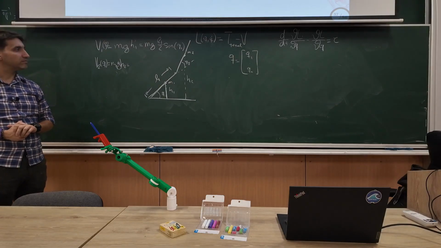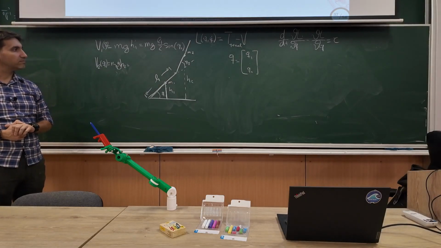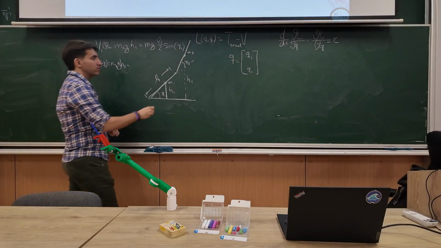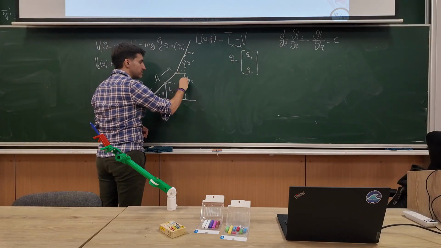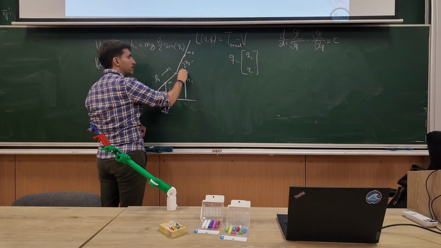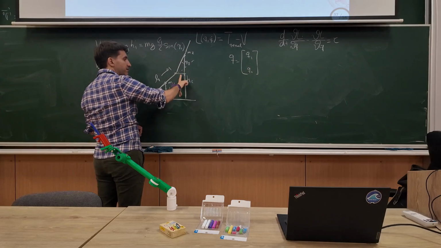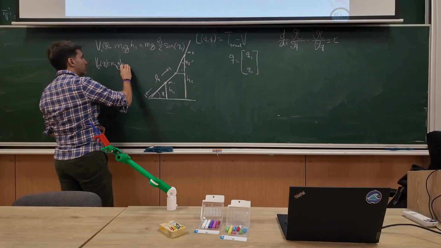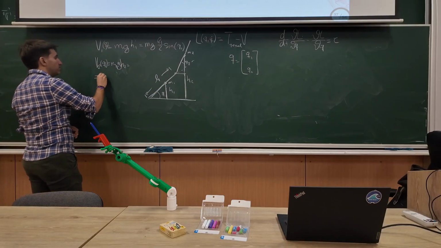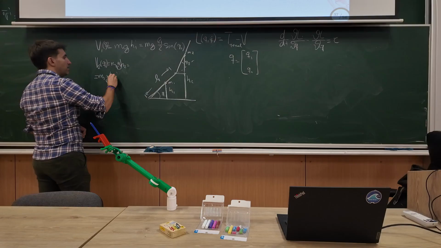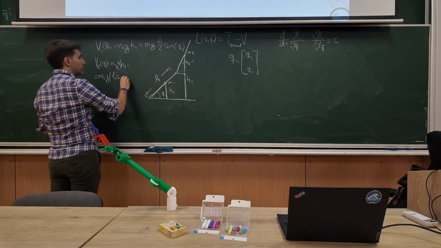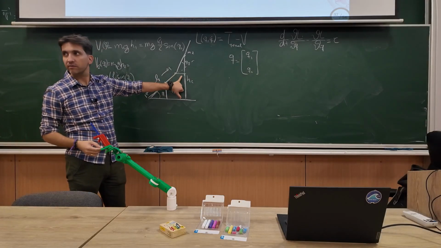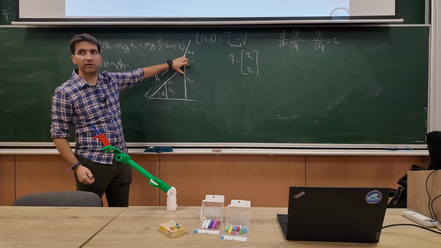It will be L1 over 2 sine of Q1 plus... So you say this height is split in this height and this height. This height is L1 sine Q1. Let's write it here. M2G is L1 sine of Q1, right, this part, plus this part.